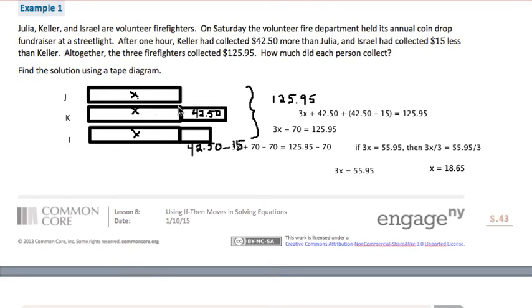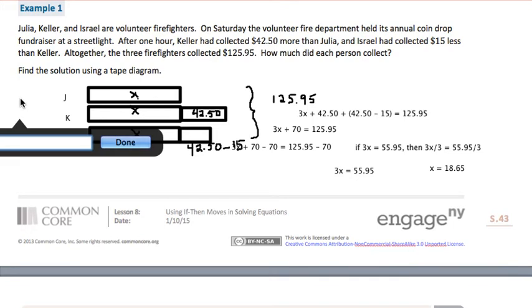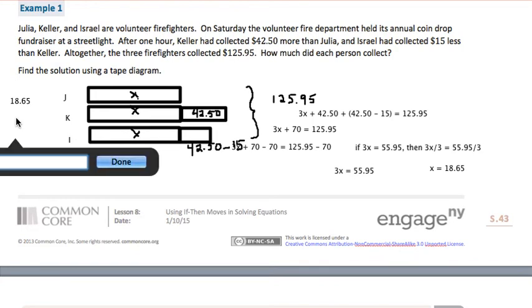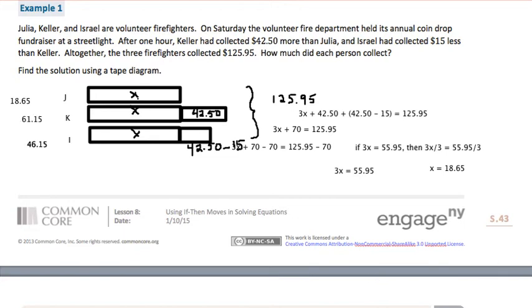So Julia collected 18.65. Keller collected 18.65 plus 42.50, which is $61.15.